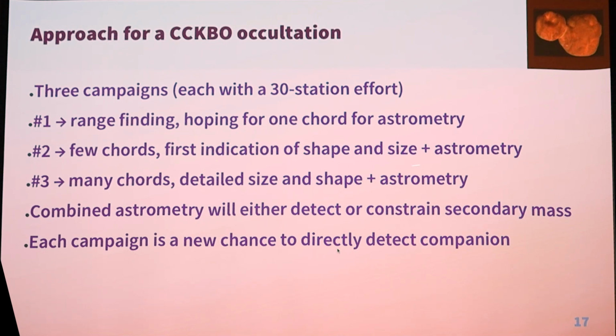And you're still getting astrometry. Combining the astrometry from 3 events gives you a pretty good detector on unseen masses. If there's a barycentric wobble due to something you haven't found yet, this puts pretty tight limits on the extra mass that you can have out there.